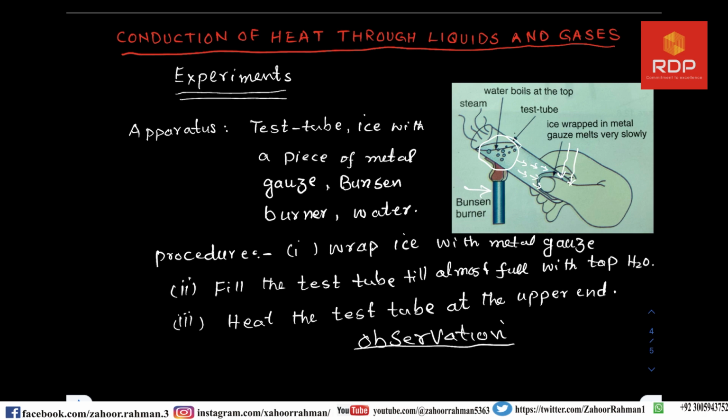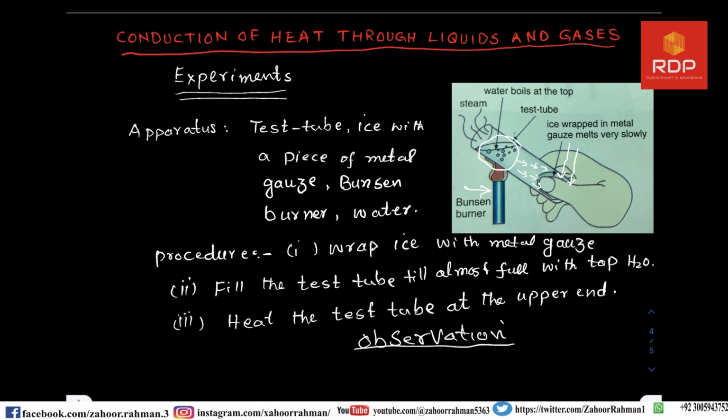And what is it showing? It shows that the rate of heat transfer from the hot end of the water to the cold end is extremely slow. In other words, water is a poor conductor of heat.